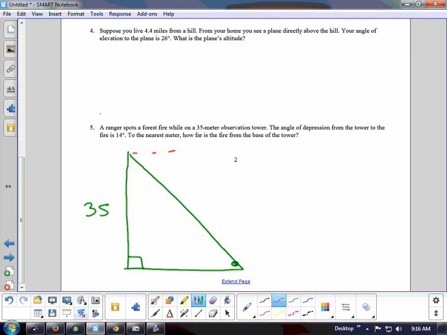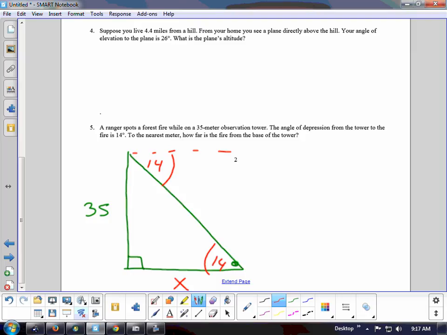This is the angle of depression up here. However, it comes down because alternate interior angles are congruent. The 14 comes down to here. You want to know how far the fire is from the base of the tower. You want to know this value here.